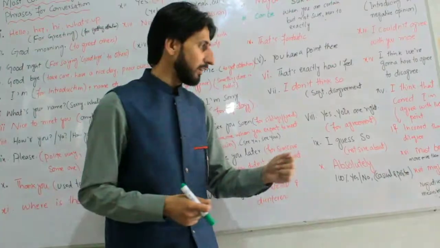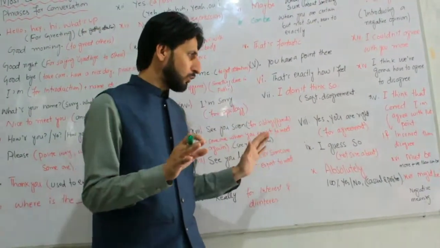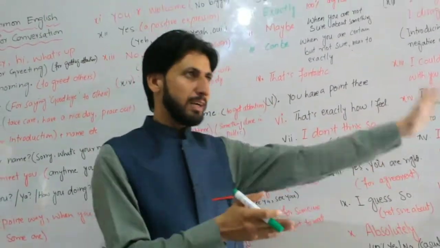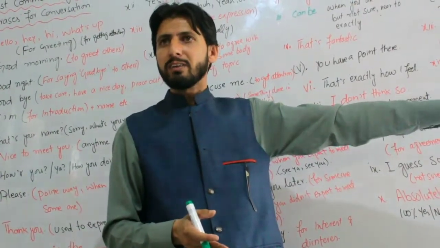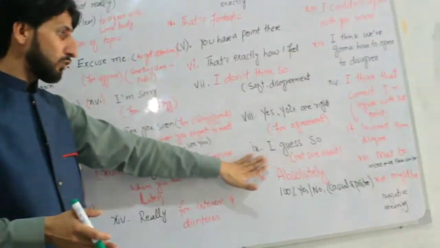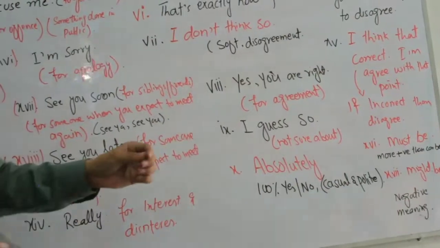You can say, "I guess so." It means that you are not sure about your presence at the dinner in a particular place. When you are not sure about your presence in a particular place or in a meeting or in an event, you can say, "I guess so," that I might come, I may come.